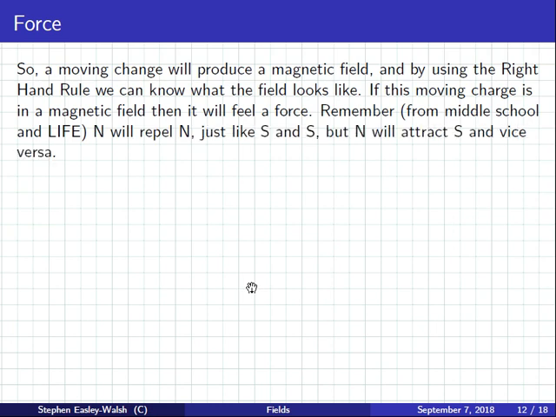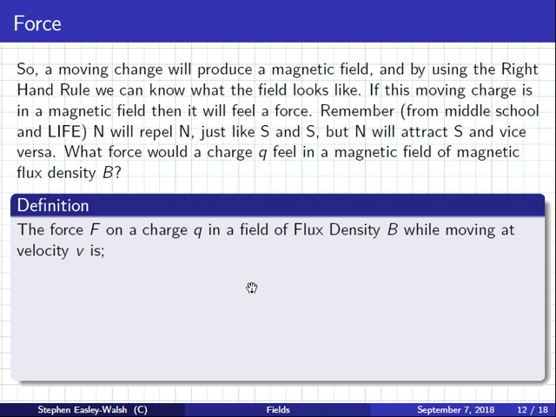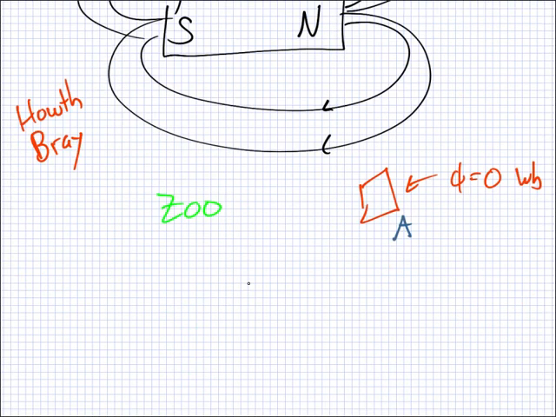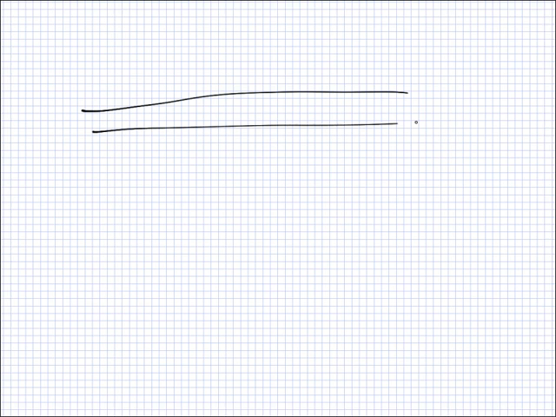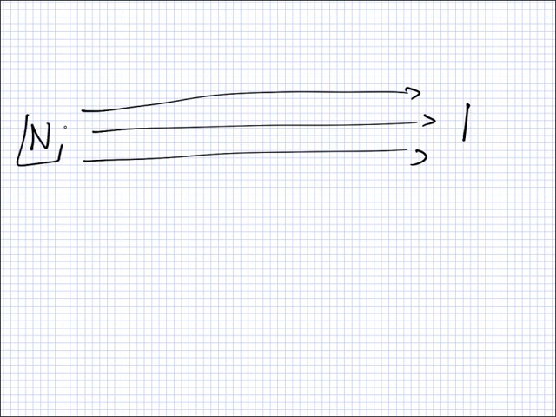We know north repels north. So here's what I'm saying. Let's say you have a big magnet. This is the north end, and this is the south end.